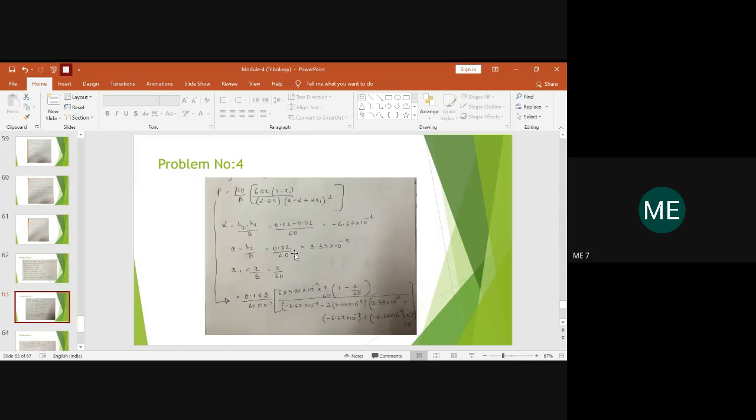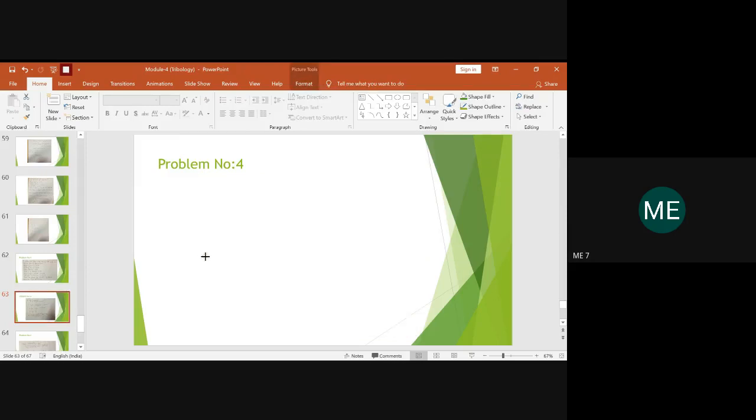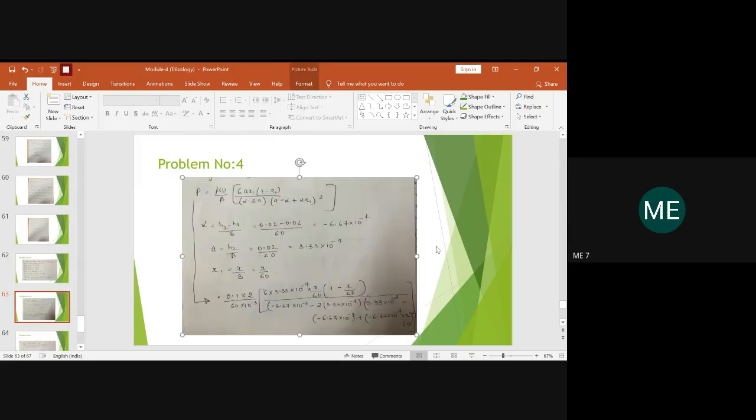For that you need to know the pressure value, and this is the pressure distribution equation. The variation of the pressure across the plane slider bearing could be evaluated by this equation. This we have derived already. So everyone note down the pressure equation, right?